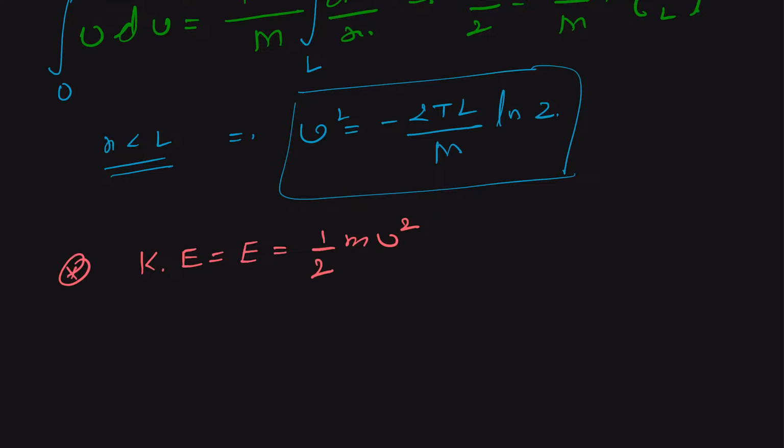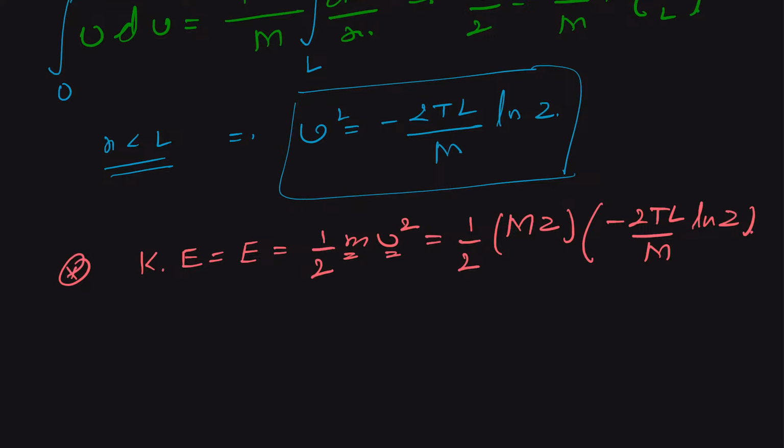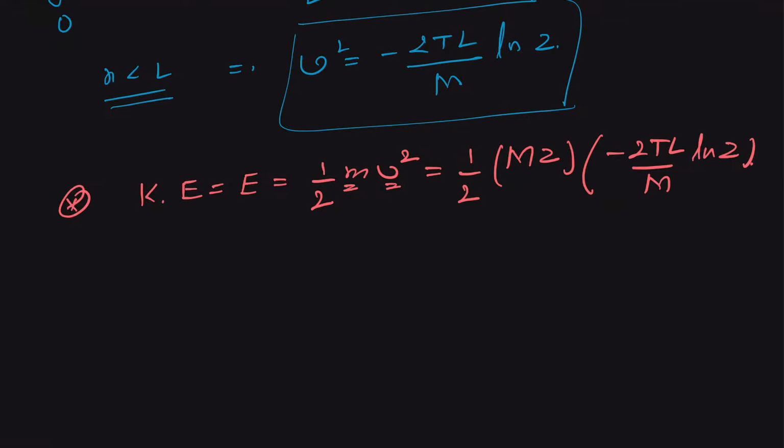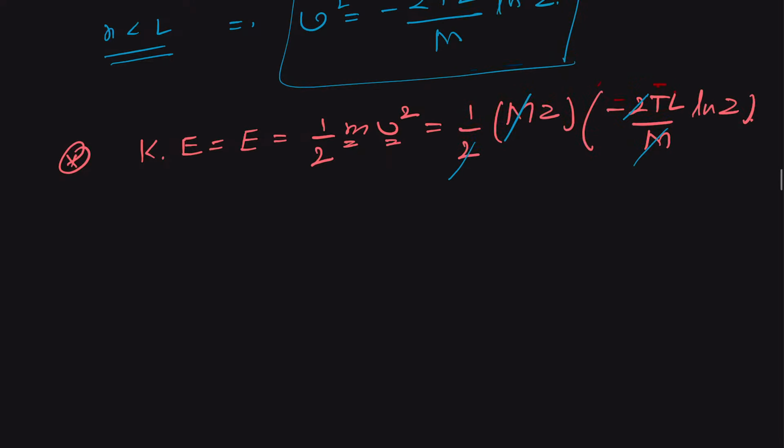We substitute our value of m as well as v, so we get half, and m is capital M multiplied by the ratio z, and v square is minus 2TL upon m and natural log of z. The mass cancels out, therefore the kinetic energy E, as a function of x, will be equal to minus TLz times natural log of z.